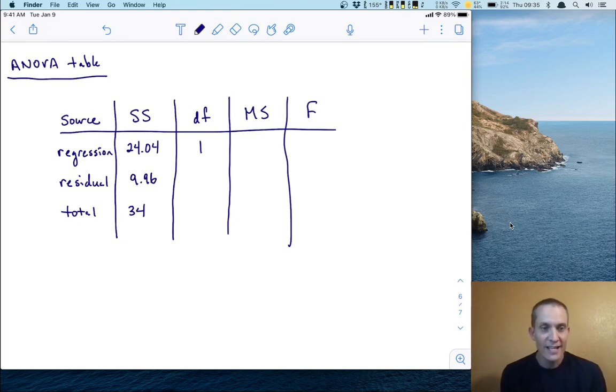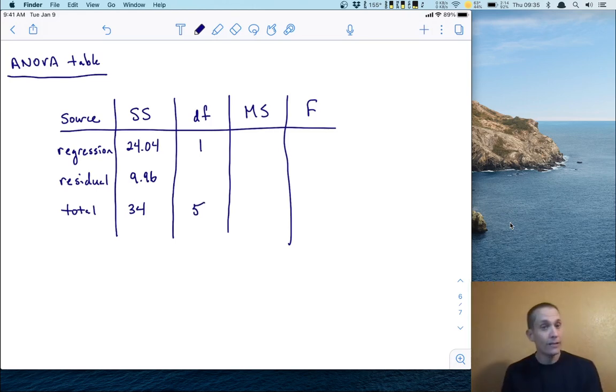This is just 1, and then the residual is going to be what's left over to make the total degrees of freedom. So how many observations did I have? Well, I had 6 pairs of observations. So that gives me 5 degrees of freedom total. I've got 1 degree of freedom for the regression equation, which leaves 4 for the residual.